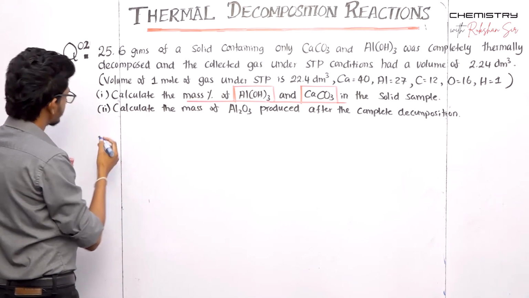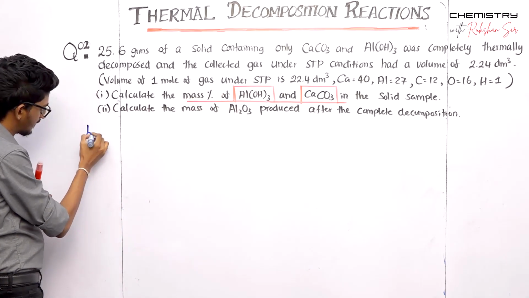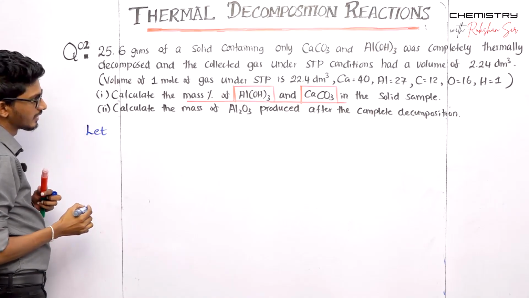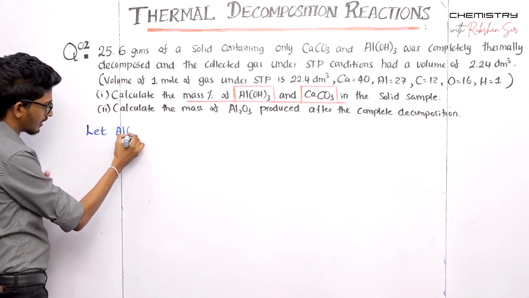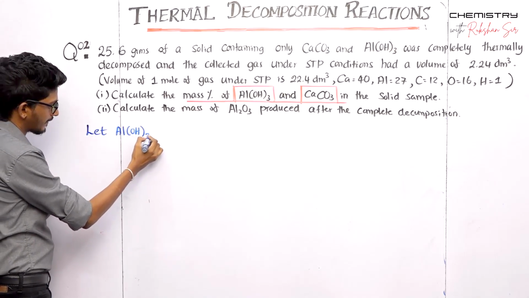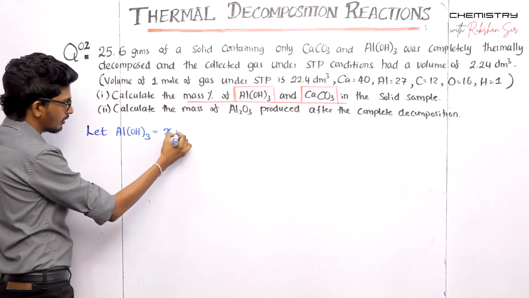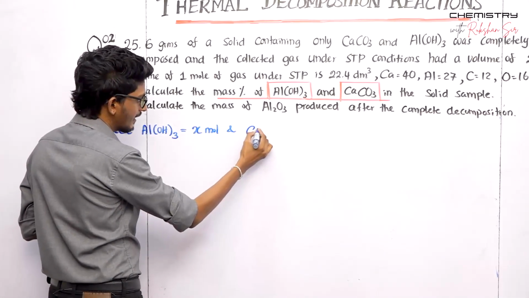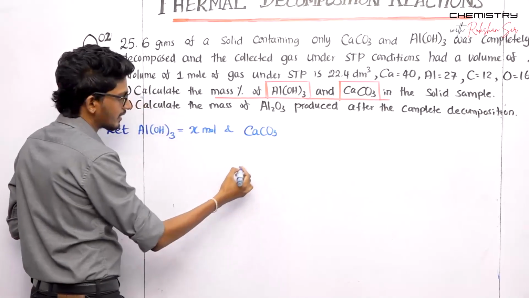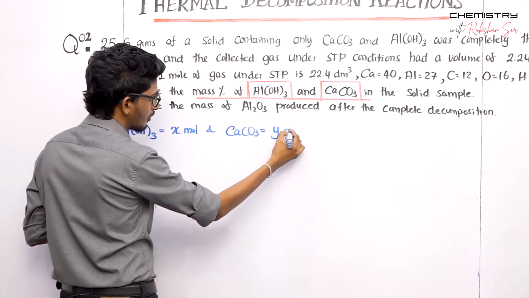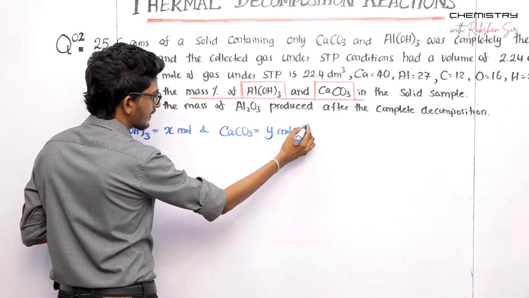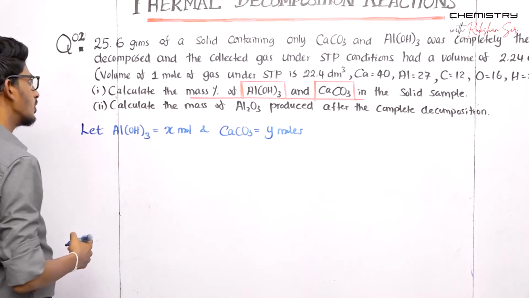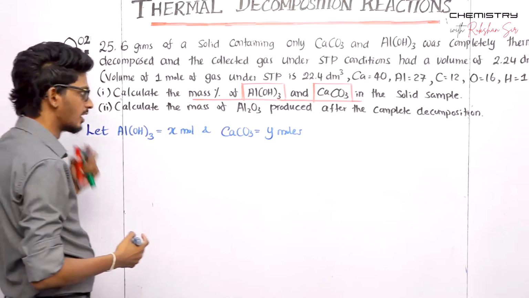So let aluminium hydroxide number of moles equal x moles, and calcium carbonate number of moles equal y moles, in 25.6 grams of sample.